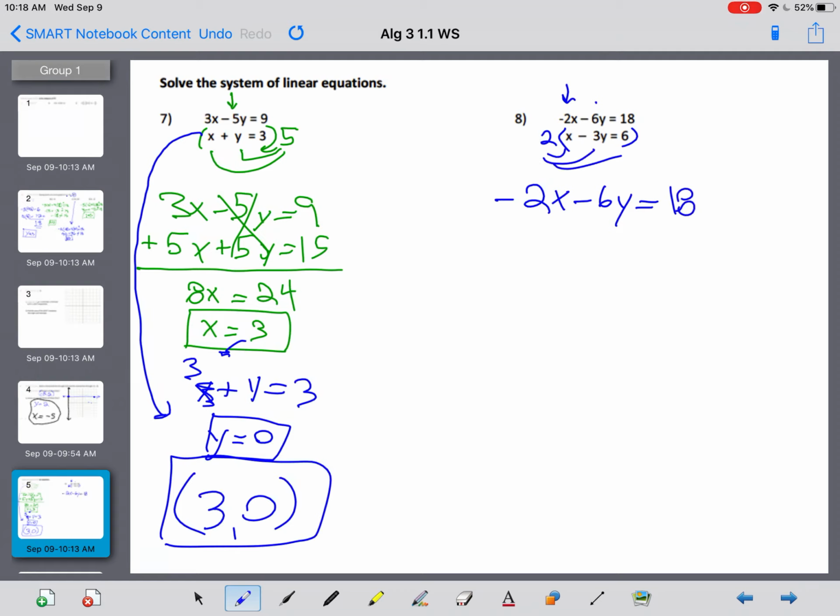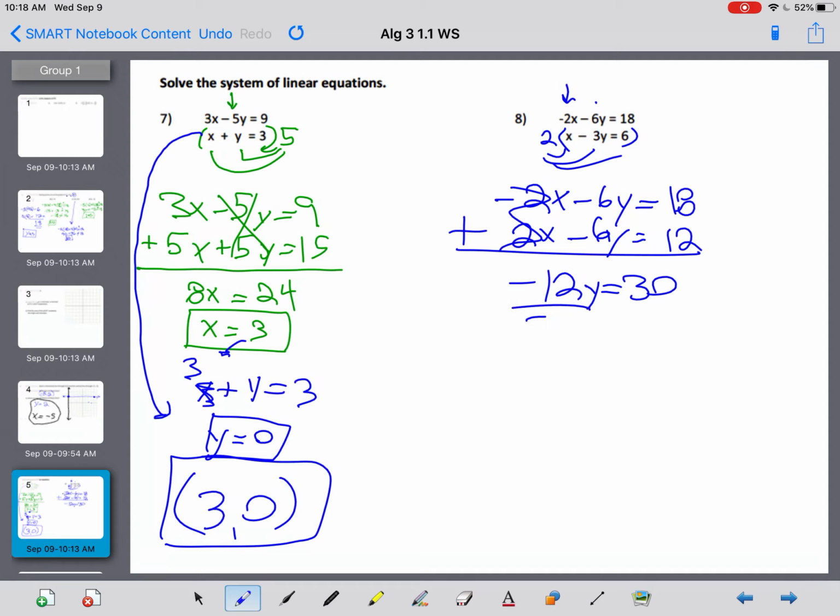And when I distribute, I get 2x minus 6y equals 12. I'm just going to double check. When I add them, these cancel, so negative 12y equals 30. Divide by negative 12. So I get y equals negative 2.5.